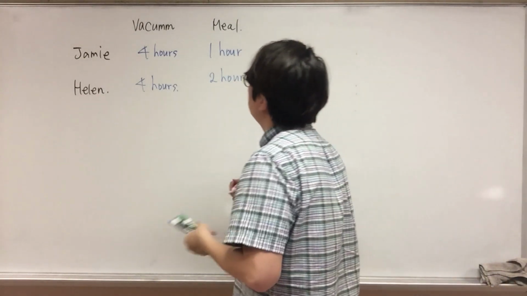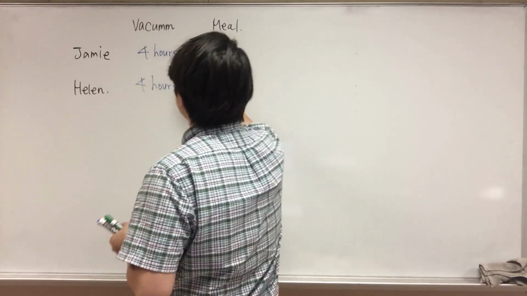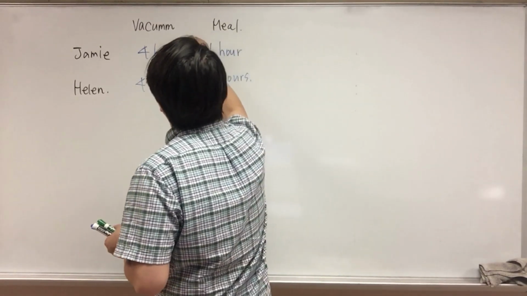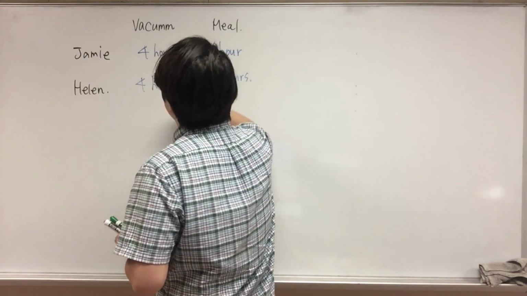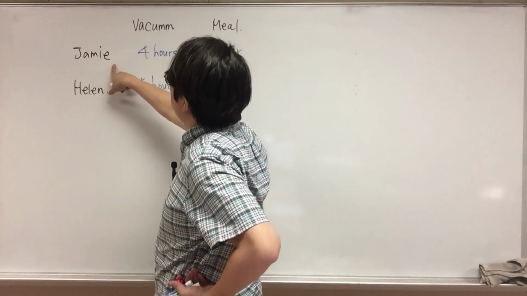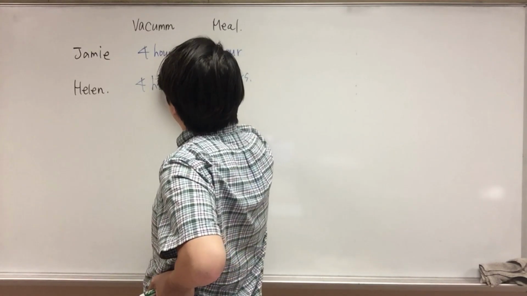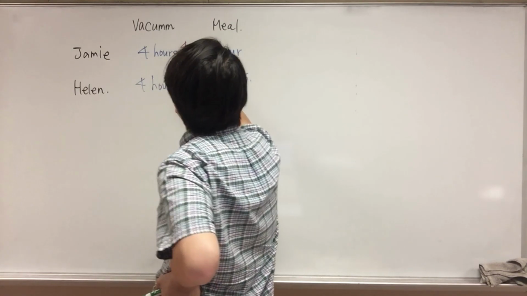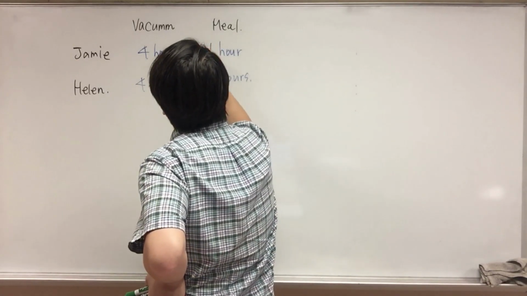To get the opportunity cost, we divide these hours. 4 divided by 1 means that if Jamie wants to vacuum the house, Jamie should give up 4 meals.